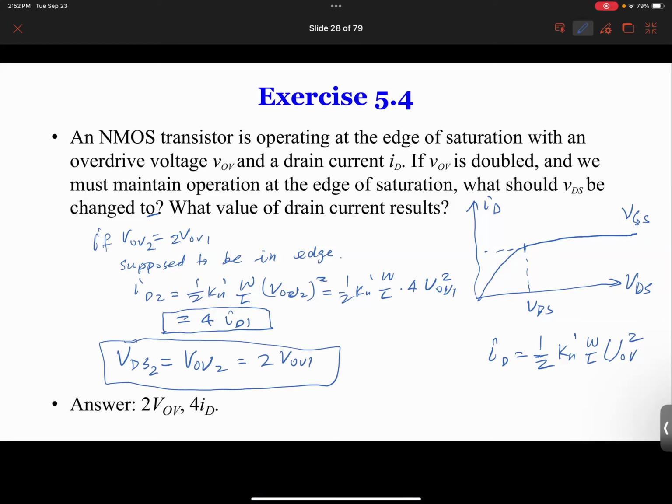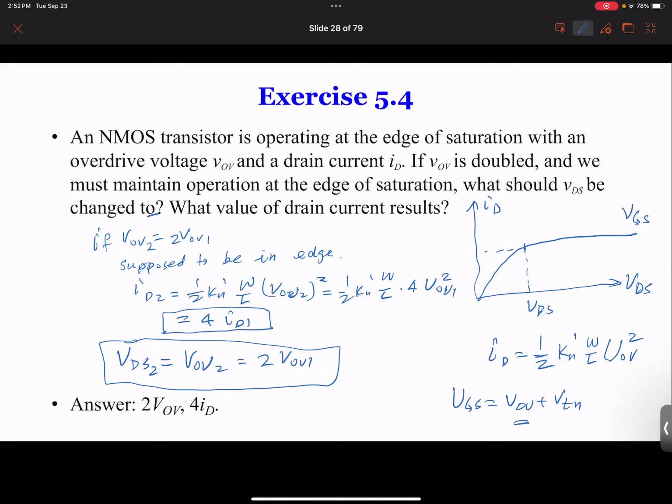If you increase VGS, the reason is that VGS is equal to VOV plus VTN.